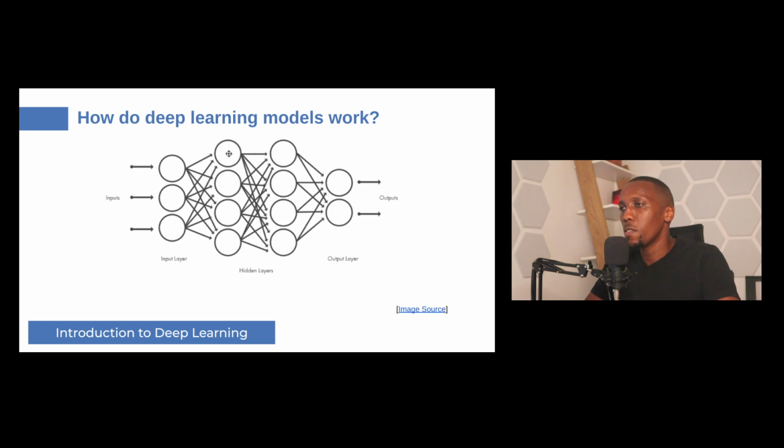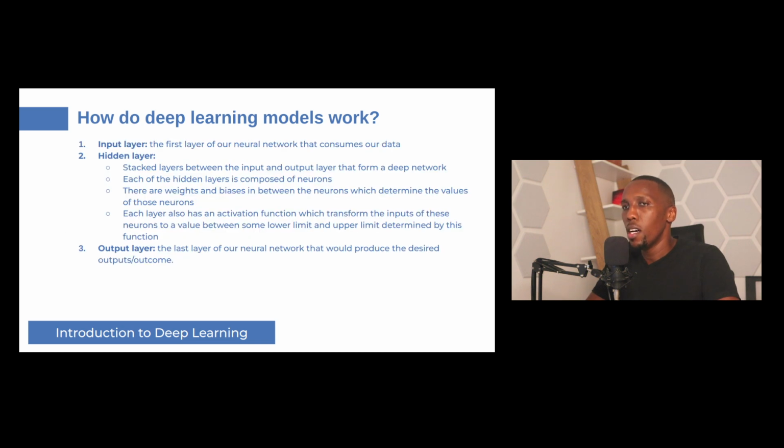And that value, for the hidden layers, would be based off inputs and weights, which would help you determine the values of those neurons. And those are usually derived from the previous layer's neurons, as you can see from the arrows in between the layers.